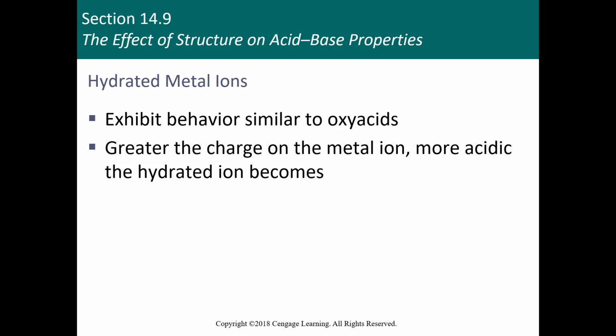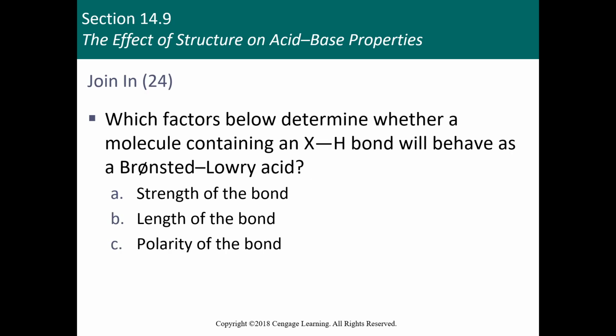If you get a larger charge on something, at 2 plus usually you're not going to see any of this. With a 3 plus metal ion, you'll start seeing these effects. With something like a 4 plus metal ion, you're going to really start seeing it. That's what I'm talking about there.